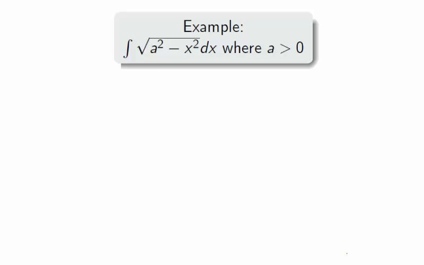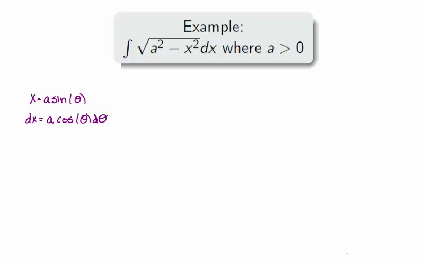Consider the integral from before, the integral of the square root of a squared minus x squared dx, where a is greater than 0. Note that none of our previous integration techniques work for this integral. Let us perform an inverse substitution. Bear with us as we will motivate the reasons for our choices shortly. Set x equal to a sine of theta, so dx is equal to a cosine of theta d theta.